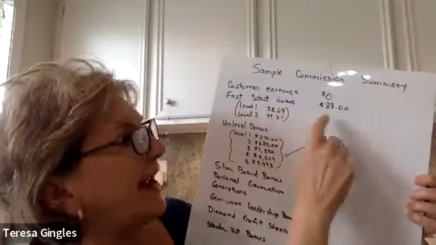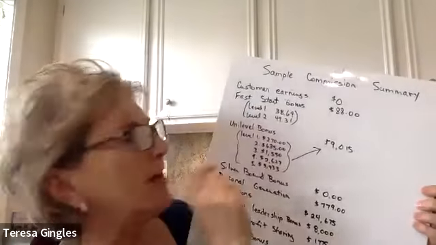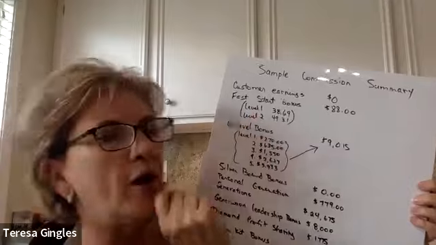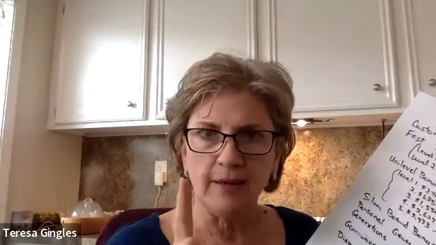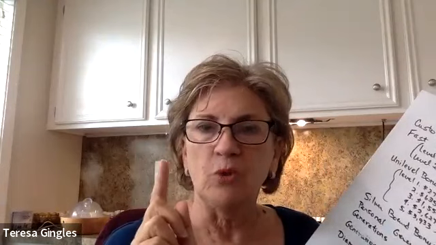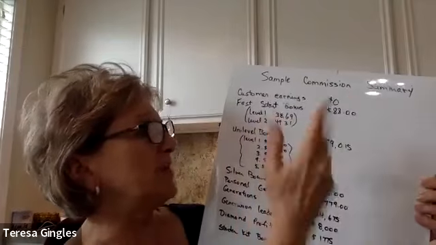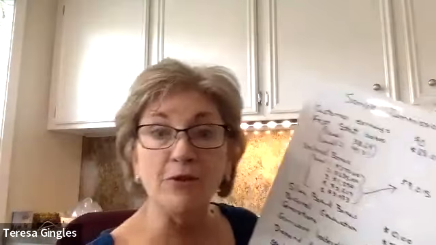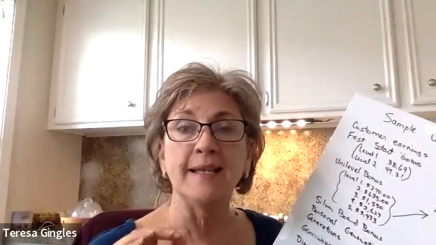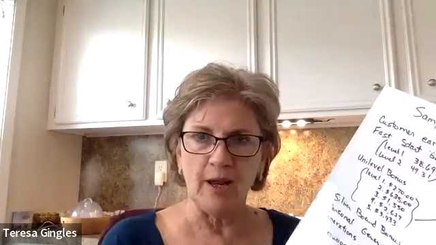Fast start bonus, $88. That $88 was broken down into level 1. Remember, we get 50% the first month that somebody enrolls with us. Then months 2 and 3, we get 25%. Well, that is level 1. It was $38.69. Level 2 is where we get 10% of the person that we enrolled.